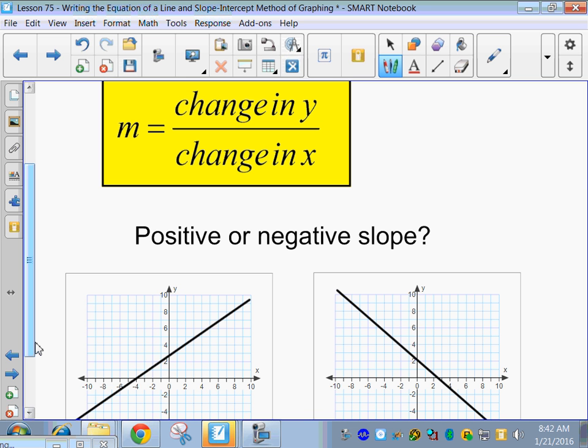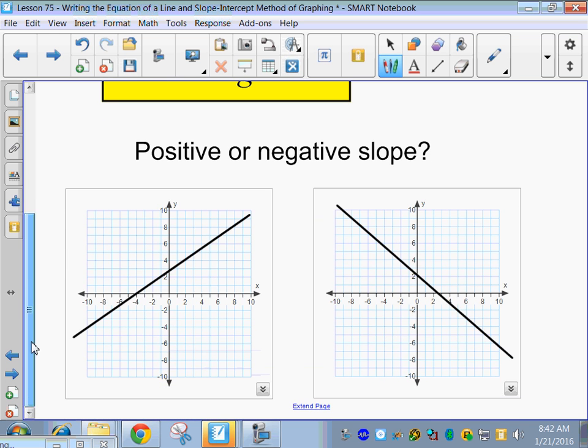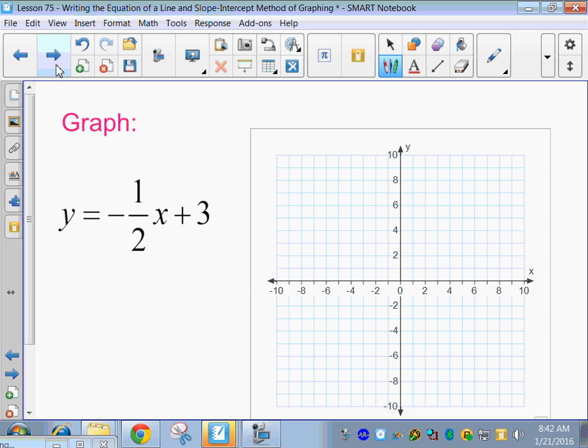So just by looking at these two lines, can we tell which is positive, which is negative? Yes. What is this first line here? Yep. So if we're going uphill, we have a positive slope. So the number in front of x will be a positive number. If we're going downhill, we have a negative slope. Make sense? Cool. All right, write that one down and draw another grid. Separate graph. Don't do it on the same one. It's kind of confusing if you do.